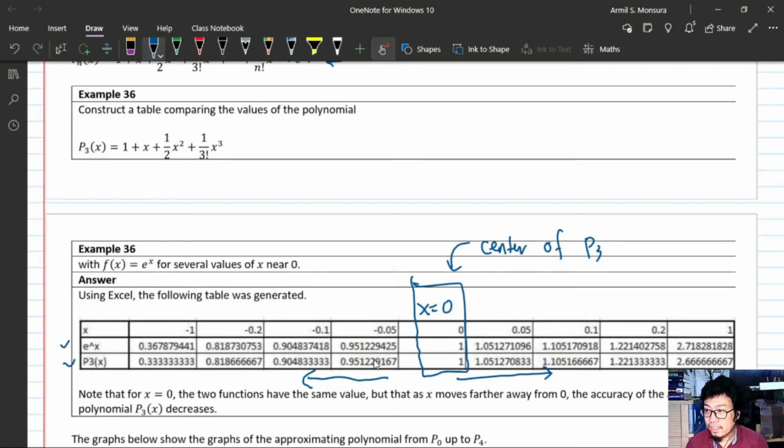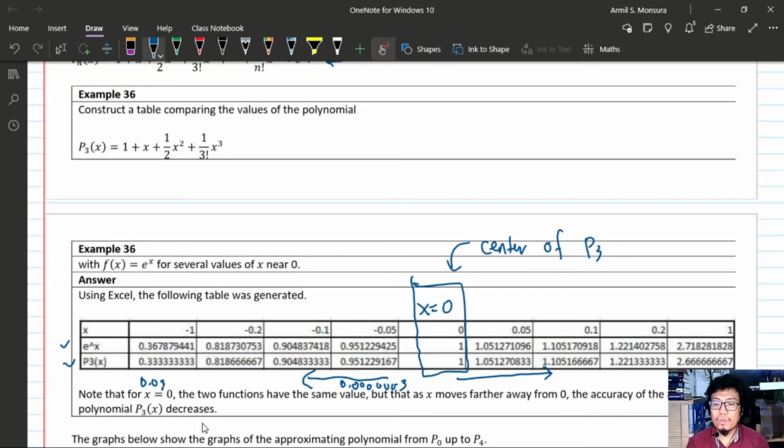Here you would have an error of 0.0004563. At least that one. So this is your error for this one. But here you would have an error of 0.03.